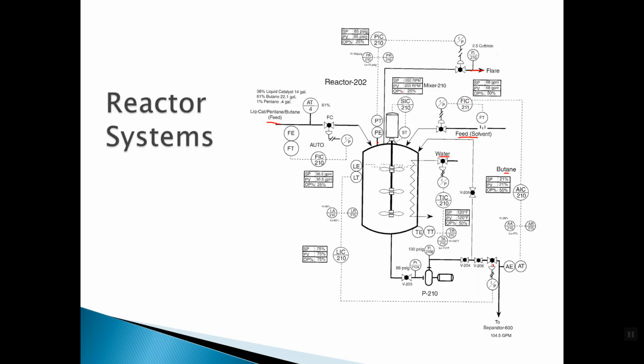Speed control on our agitator will run. If we need it to react quicker, we can speed this up. If we want it to react slower, so say our temperature is getting too hot, our pressure is getting too high, we're having too much of a reaction take place, we can slow down our agitator here. Or if our temperature is not high enough, if our pressure is not high enough, we can turn this on to speed up the reaction.